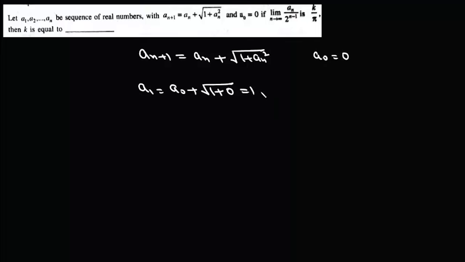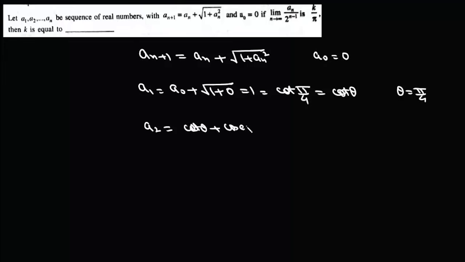Now we can write this 1 as cot pi by 4, or basically we can write this as cot theta, where theta is pi by 4. So this a2 will be cot theta plus under root of 1 plus cot square theta, which is cosec theta.